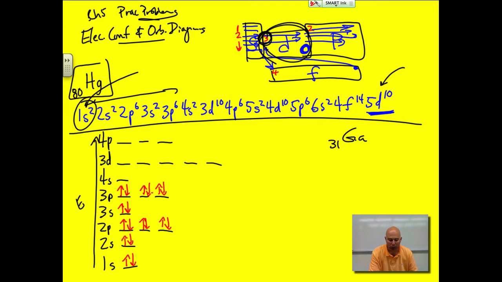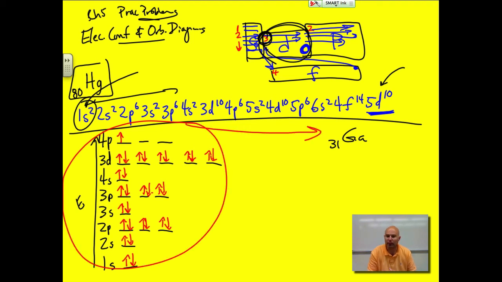You guys are bored watching me count, but basically these would all be full. And again, notice Hund's rule: I am going across and then coming back if I need to. And now I end with one electron in the 4p, and this would be the orbital diagram for gallium.